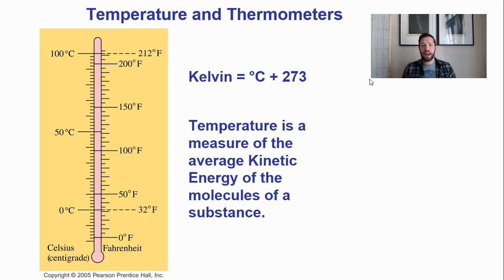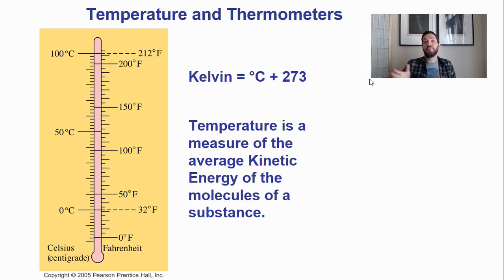The other thing I want to point out here is that temperature has a very precise meaning in physics and in thermodynamics. We'll talk about the philosophy and the math of how we can use this, but just keep in mind as we go forward, temperature and heat are different things. They do not mean the same thing. Temperature is just a measure of the average kinetic energy of the molecules in a substance.